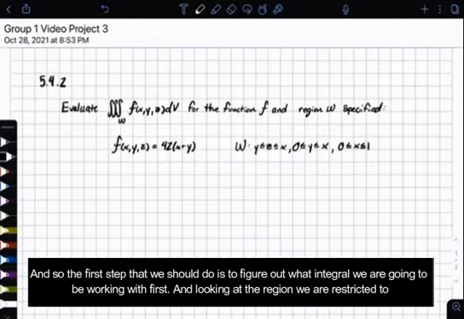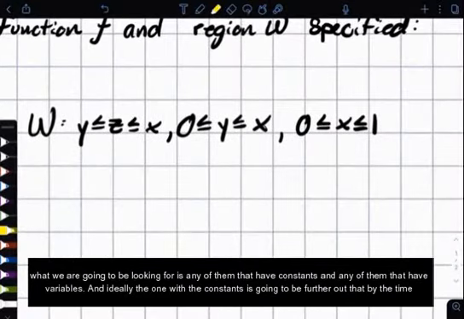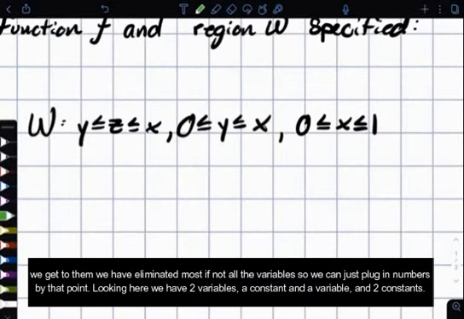The first step is to figure out what integral we're going to be working with first. Looking at the regions we are restricted to, we look for any of them that have constants and any of them that have variables. Ideally, the ones with the constants are further out, so that by the time we get to them, we have eliminated most, if not all, the variables, and can just plug in numbers.